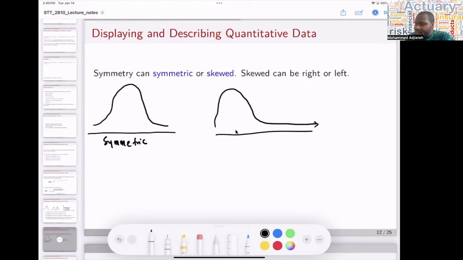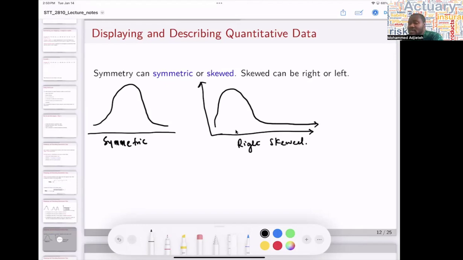The right. These are like my axes. You can see the tail is pointing towards the right. And so this is what? Right skewed.